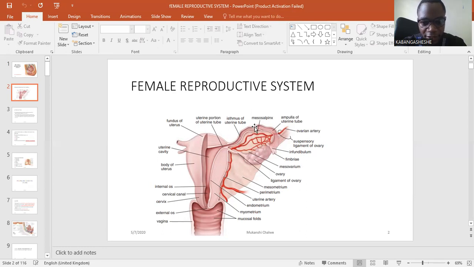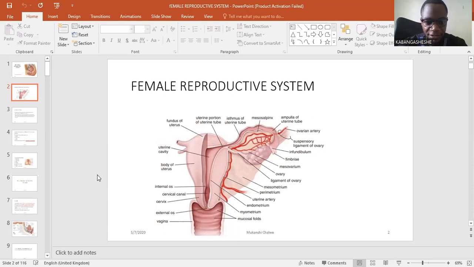In addition to that, we have the uterus, which is a unilateral organ that lies in the midline, so it's just one organ. Then we have the vagina at the inferior end. The uterus has these parts: the fundus, the body, the cervix, and the isthmus. The isthmus is the point where the body of the uterus is connected to the cervix.